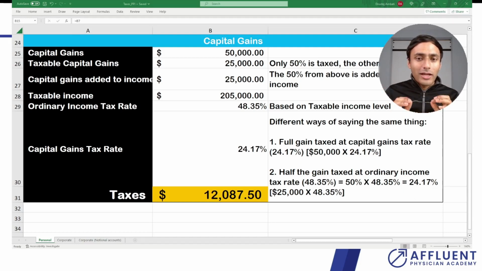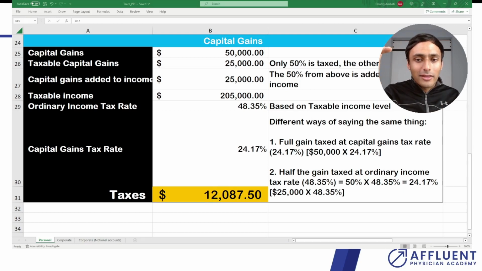So it's important to realize that that $50,000 is not taxed at 50%, but 50% of $50,000, which is $25,000, which is the taxable capital gains, is taxed. The amount that is taxed. So you can see here that $25,000. The way it's calculated is it's added to your income, and then your income has income tax brackets.